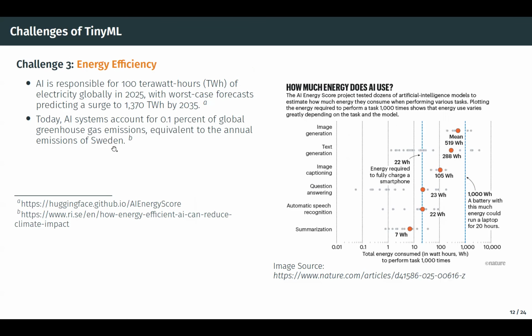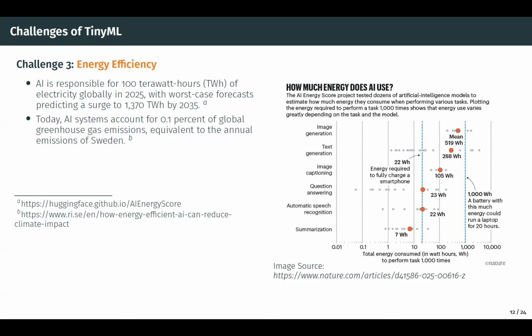Then we would like to talk about the third challenge, that is energy. Energy efficiency is of the utmost importance right now, because as you can see, everyone's focus is on transformers, and transformers are the base for LLMs. AI is responsible for 100 terawatt hours of electricity globally in 2025.